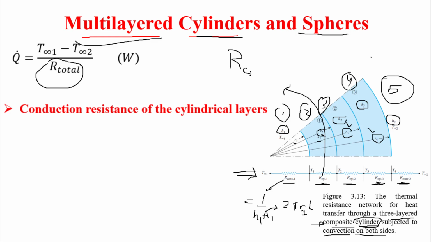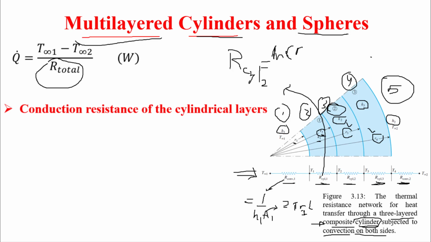Now our R cylinder, from the previous lecture, equals ln. So let me take our cylinder 2, layer number 2, this one, okay. So R cylinder 2 equals ln from the equation, ln outer radius divided by inner radius.